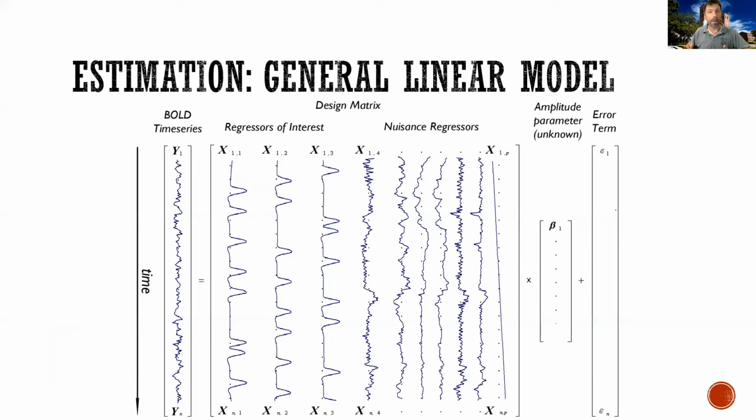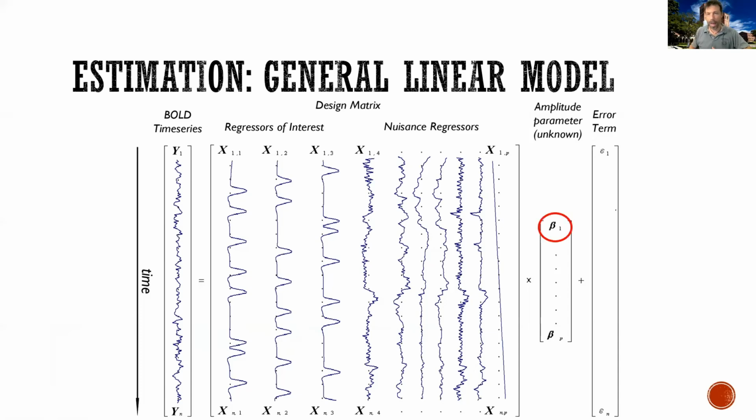And then we have our parameter vector. And the parameter, as you know, is simply saying the amplitude of each, or the degree to which a unitary change in each of these regressors of interest or non-interest is associated with a change in the dependent variable.